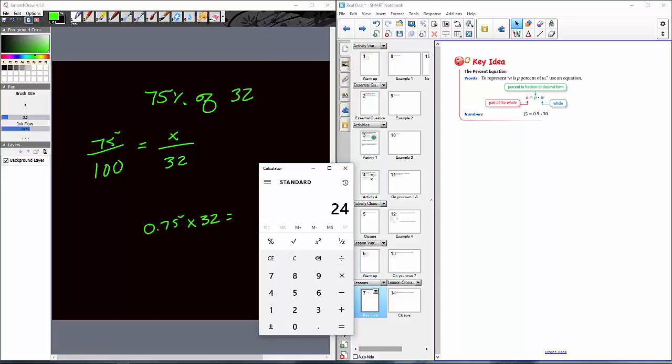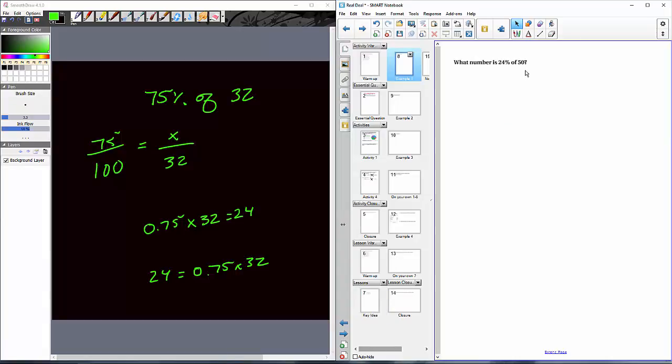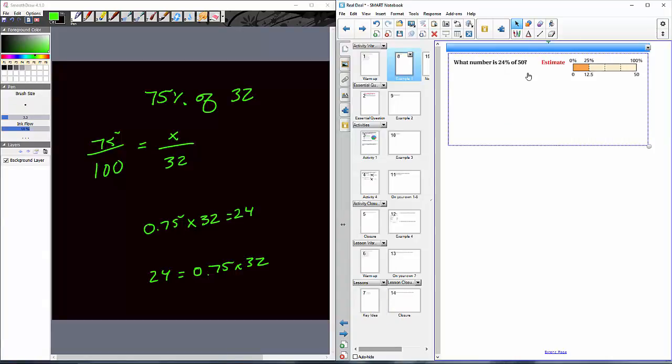So my part is equal to 24. That's what this A is here. So I can rewrite this as 24 equals 0.75 times 32, and this is representing this equation right here. So if I want to figure out 24% of 50, I can do 0.24 times 50, and I get 12.